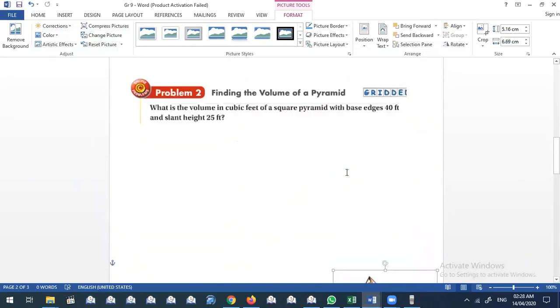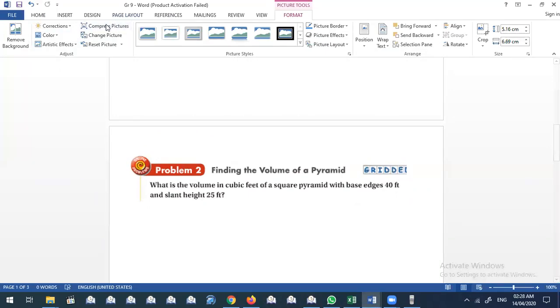Here, what is the volume in cubic feet of a square pyramid? Its base is a square with base edge 40. This is the side of the base, and slant height, not the normal height, slant height.